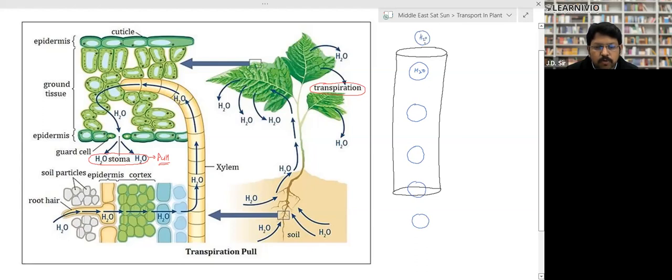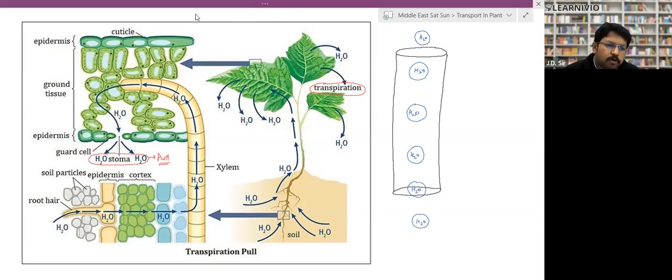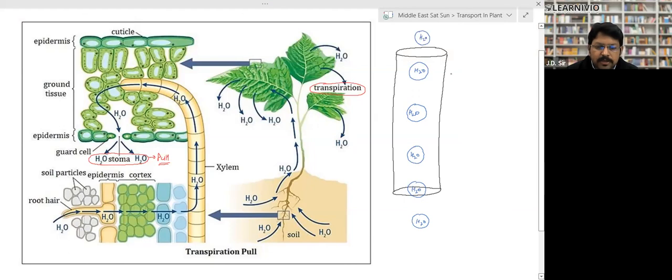We have studied already in class 10th that water molecules, or any molecules made up of the same type of material, attract or pull each other with the help of a force, and that force is called cohesive force or cohesion, right? So one water molecule is attracting another with the help of cohesive force.